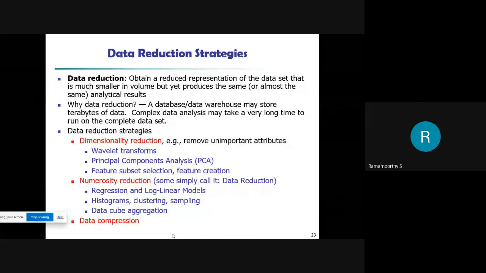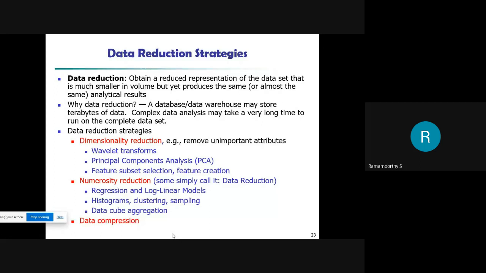And one more strategy is numerosity reduction. Simply, you can call it data reduction. Some of the techniques involved under this type of reduction are regression and log-linear models. Histograms, you can represent the data in the form of histograms, clusters, and you can perform some sampling.